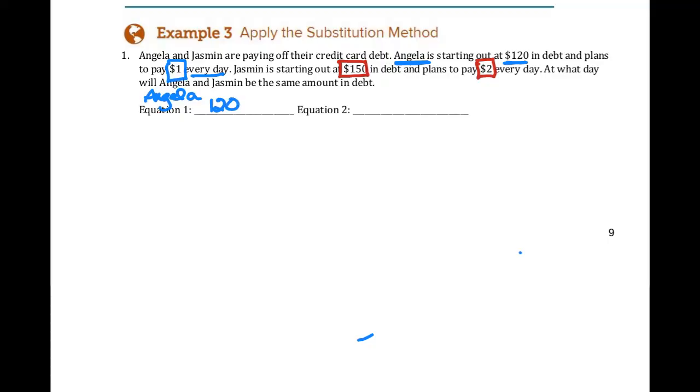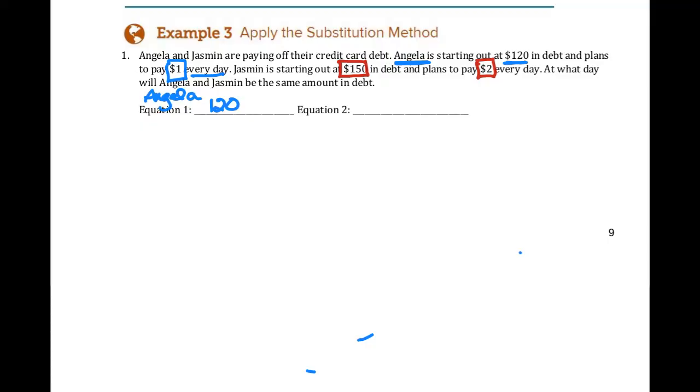Okay, so we're talking about money that she owes, but we're not going to put it in a negative amount because we don't want to show what she still owes. We want to show the debt amount and how she's taking care of the debt. She plans to pay $1 every day. So what is that $1 every day going to do to that 120?